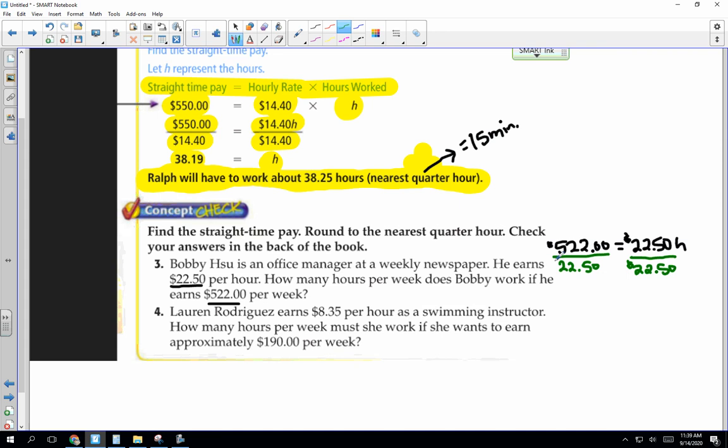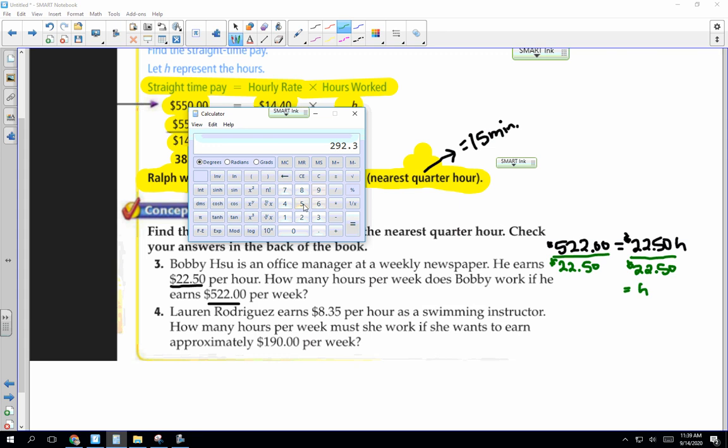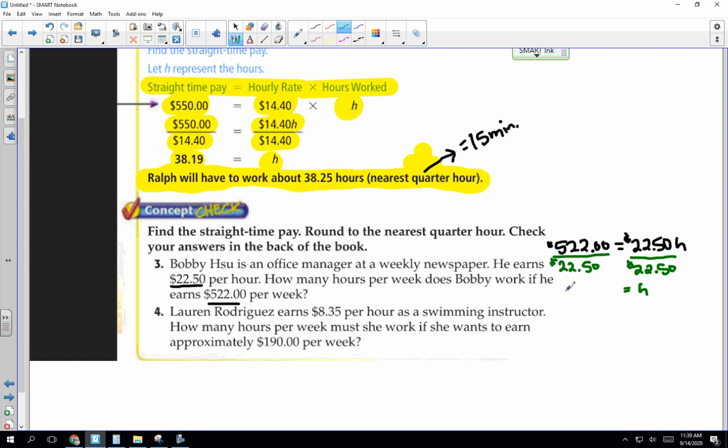$22.50 an hour. So the number of hours he works is 522 divided by 22.50, which is 23.2.